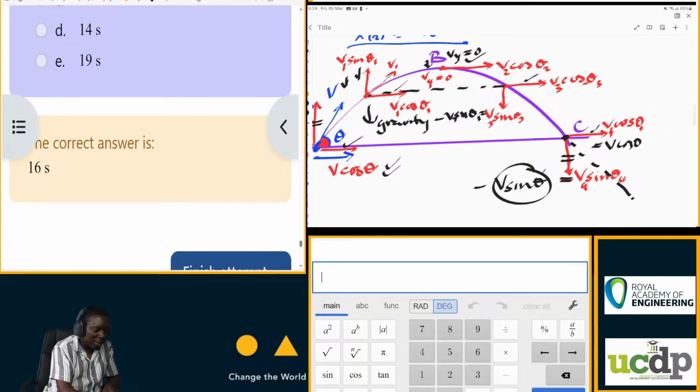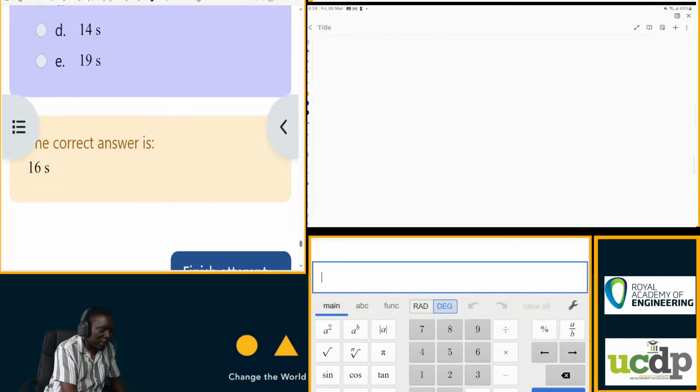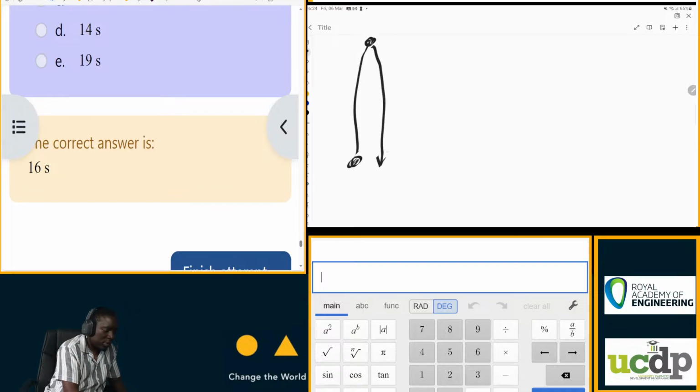So let me just do a simpler one. It is being acted upon by the same gravity. So let's say we throw a stone up, right? We throw it up. It reaches maximum height, then it comes down, right? So you would find there are a lot of common terms.